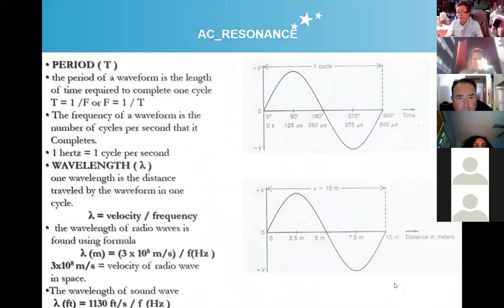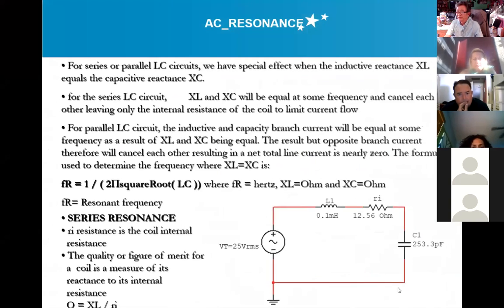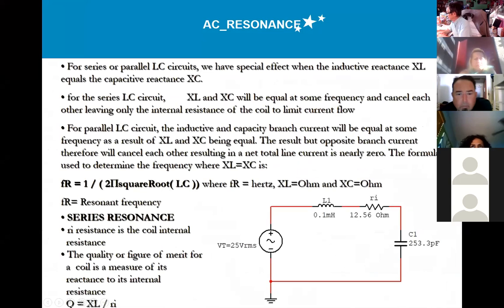That one, we don't care for now. That is a series circuit. And on that one here, they say Ri, the resistance, is the coil internal resistance. The coil is made using wire, so that's why it has resistance.